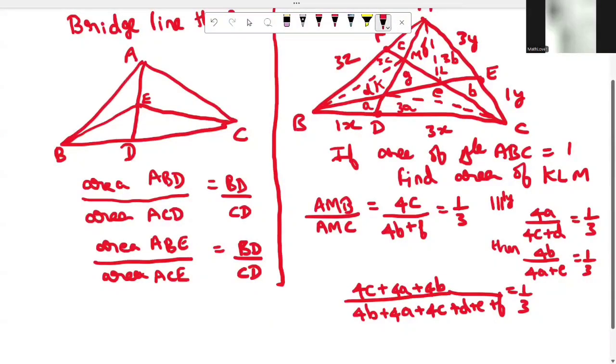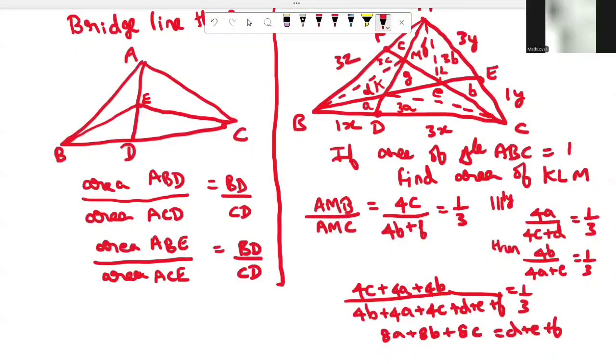If I cross multiply, we get 8A plus 8B plus 8C equal to D plus E plus F. So we got a relationship between the newly formed regions D, E, and F with respect to ABC. We need to do it one more time to get to know the relationships.